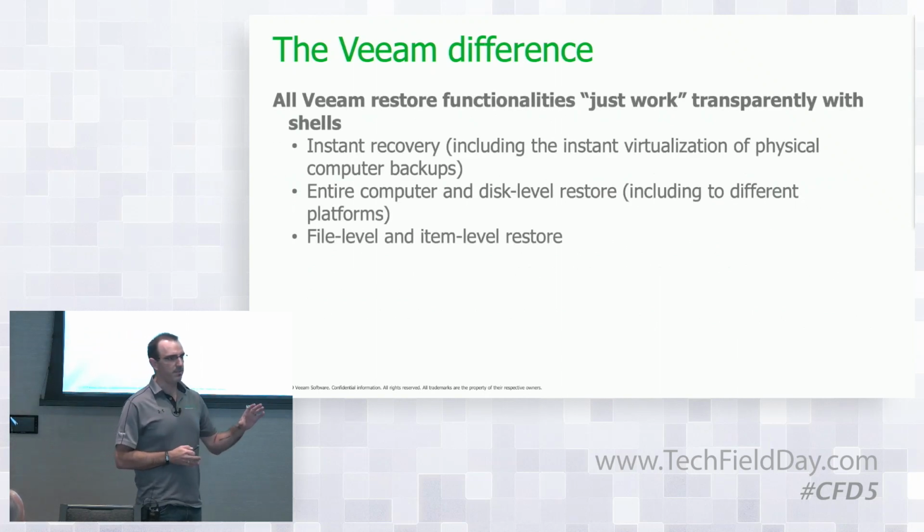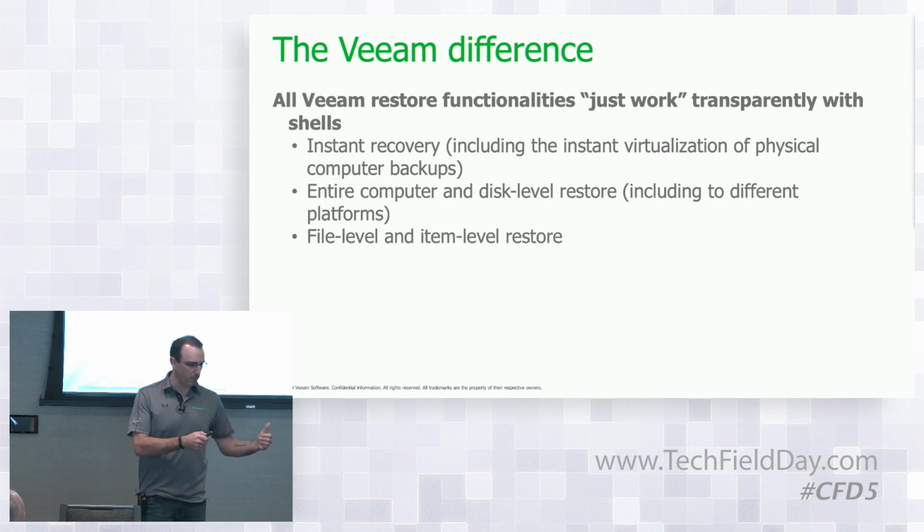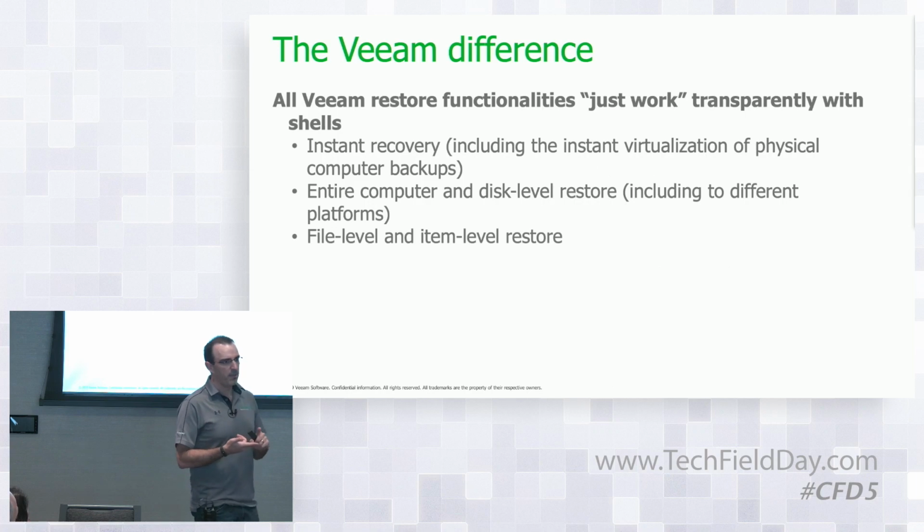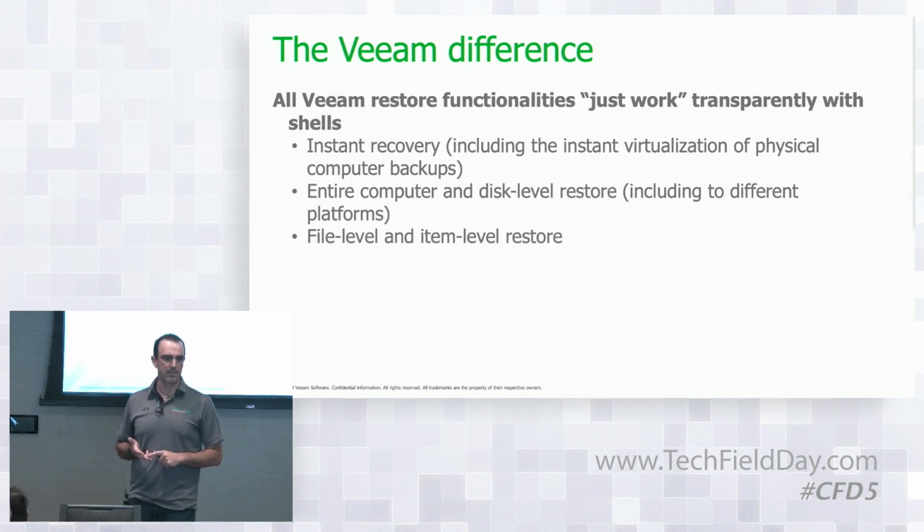But this is probably the biggest thing, is that you don't lose functionality, okay? So when we actually move the data into the object storage, because that VBK file is still present and still accessible via the UI for the console, we still treat it as such. So we can right-click and do all the actionable items that you know and love with Veeam. Instant Veeam recovery, per file backup, restore to Azure, restore to EC2. Basically, all that functionality is still there.